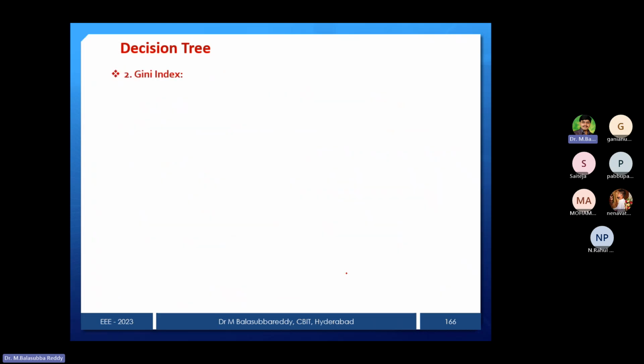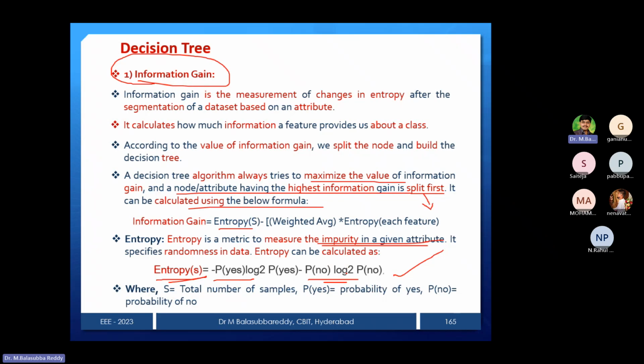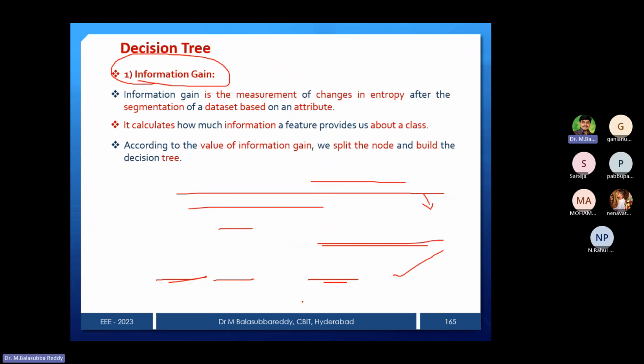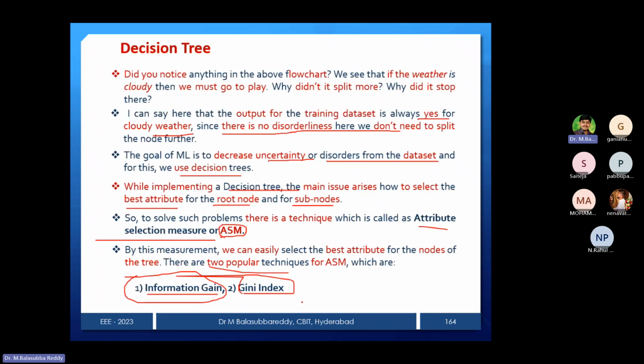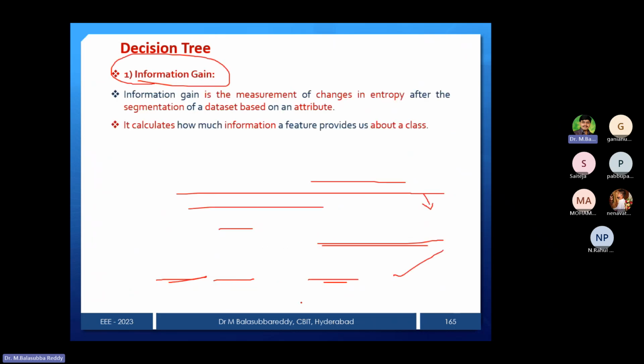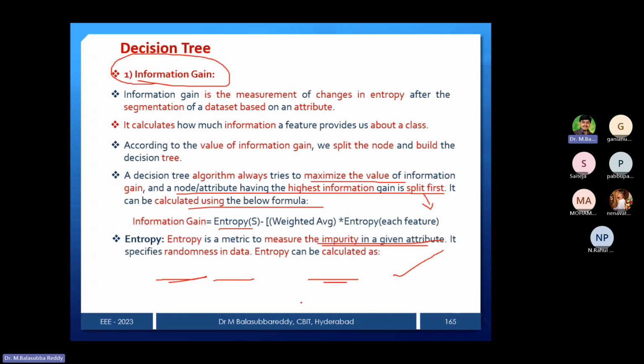So next one is the Gini index. So what is the first one? Information gain. This is the one. You can see we already know these are the two categories here. Information gain and Gini index are used to select the root node. So information gain we will get using this formula. And entropy is a metric to measure the impurity in a given attribute.